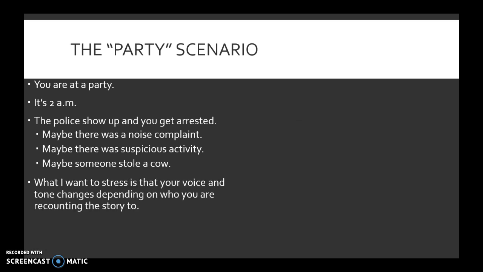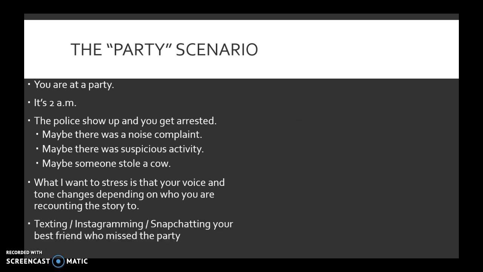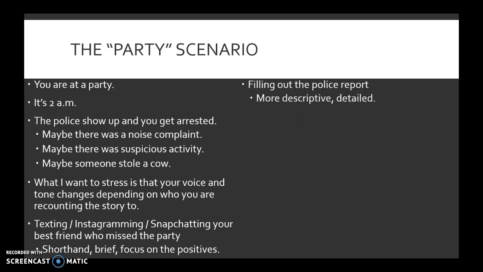Okay? What I want to stress is that your voice and tone changes depending on who you are recounting the story to. If you're texting or Instagramming or Snapchatting your best friend who missed the party, it's going to be shorthand. It's going to be brief. You're going to focus on the positives. Okay? But if you're filling out the police report, it's going to be more descriptive. It's going to be detailed, especially if you were innocent and they picked you up by mistake.